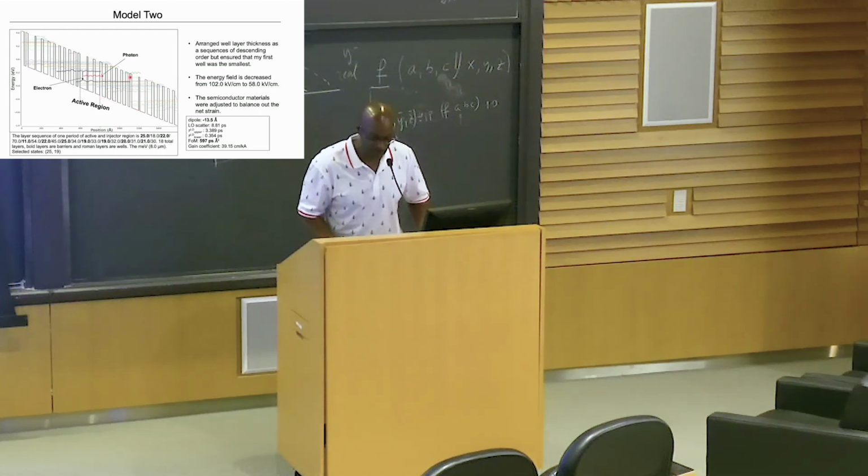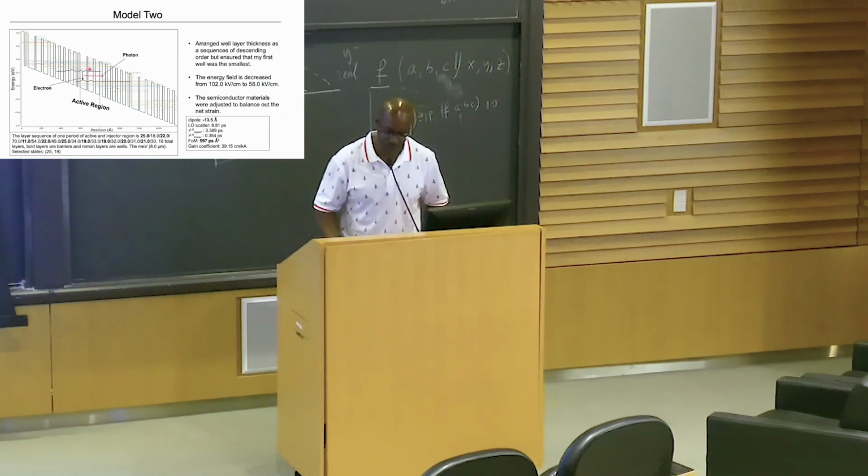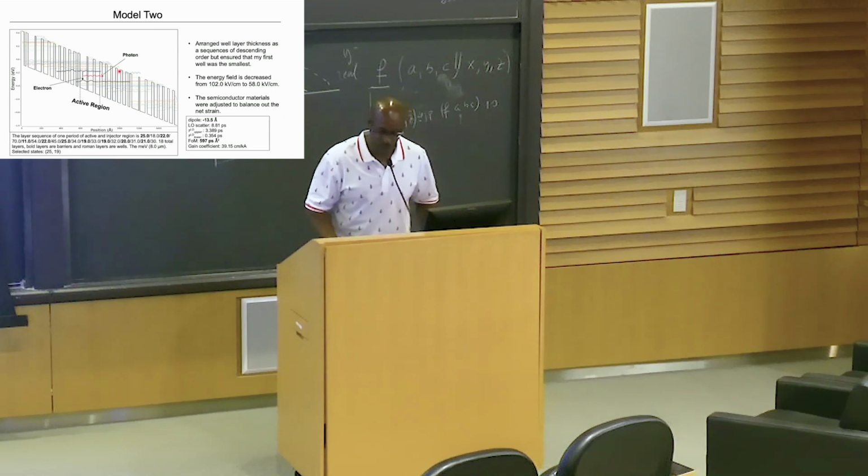And you can see from this particular design that up here, you have what is considered population inversion, which is simply when the energy state up in the higher region is more populated than the lower.